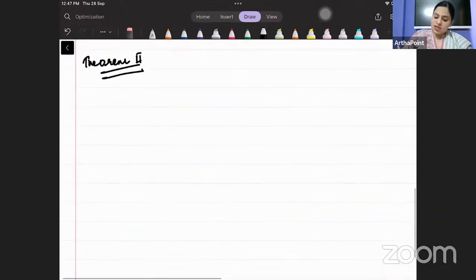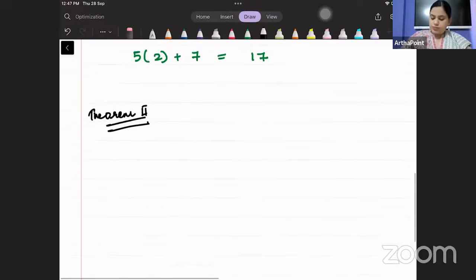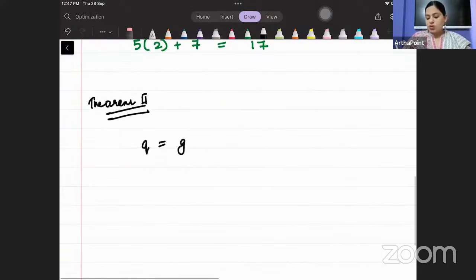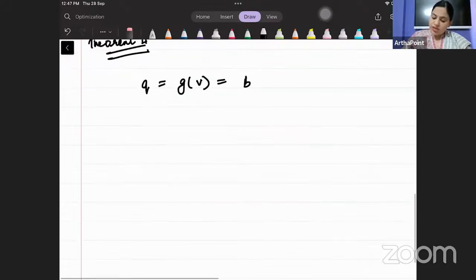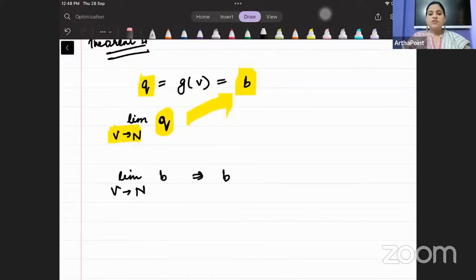In theorem number 2, I'm saying that beta, Q is a function of V and this is just B. It's a constant. Okay? Now it says, what will happen when limit V tends to N of Q? So beta, Q was just a constant, there is no V in it. So take V anywhere, take any value of V, the value of the function will remain this constant, right? So we can just write this as limit V tends to N of B, and this will just give me B itself. Is this clear? Right?